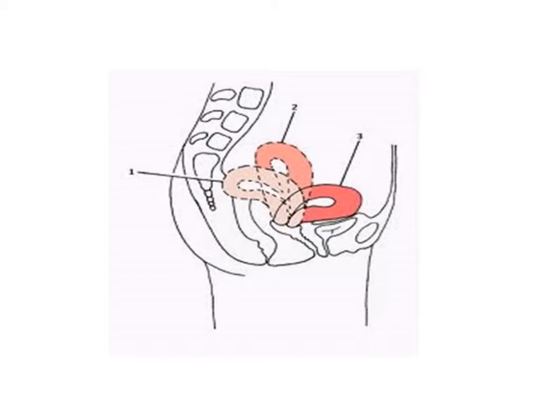This picture clearly shows you the version. See, this is the pubic symphysis, bladder, uterus, and this is the vagina. You see the direction of the vaginal canal. Now you see this is the direction of the cervix, the cervical canal, and this is the uterine canal.